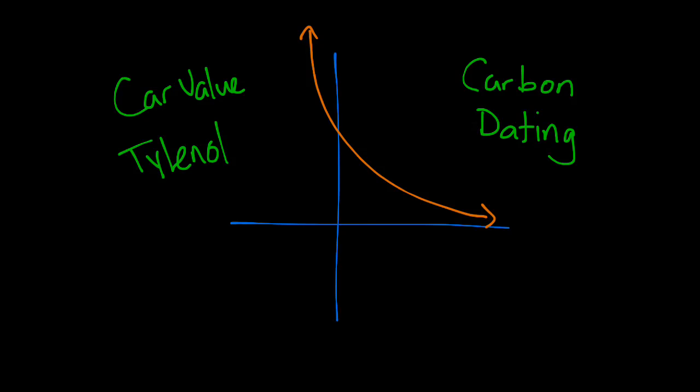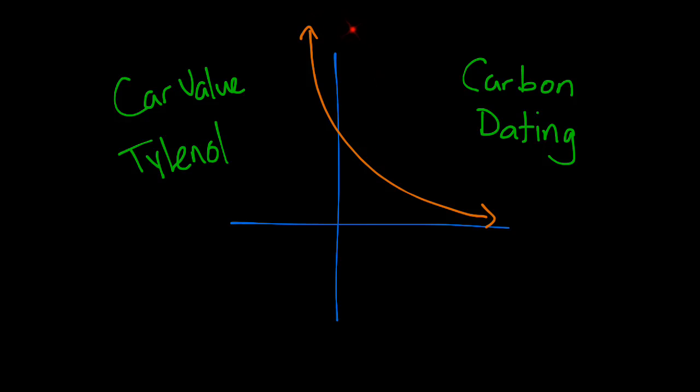A certain isotope might have a half-life of 1,000 years. So let's say you have 100 grams of this radioactive carbon isotope, and its half-life is 1,000 years. Then 1,000 years later, half of that is no longer going to be radioactive.